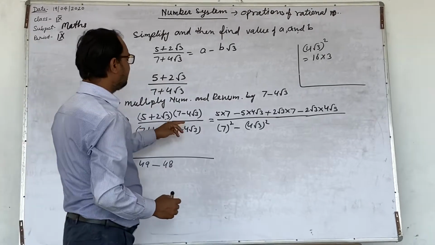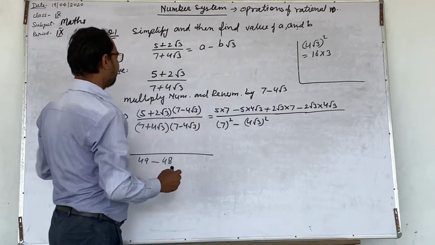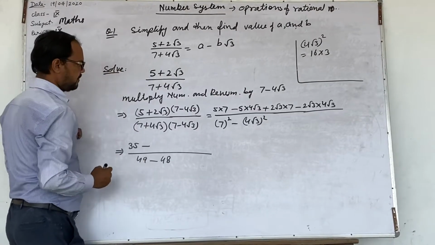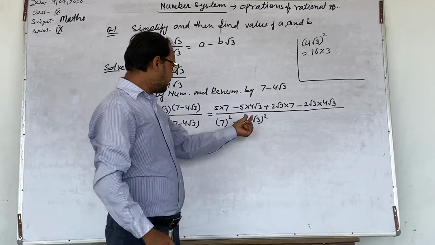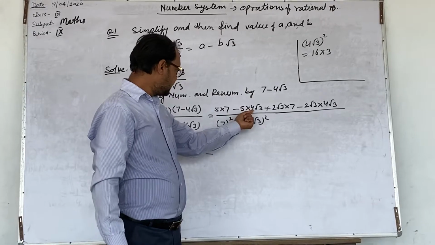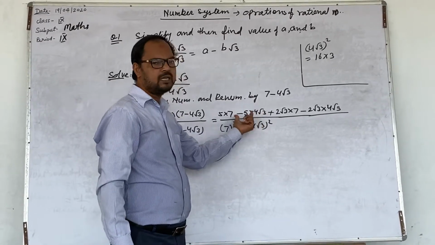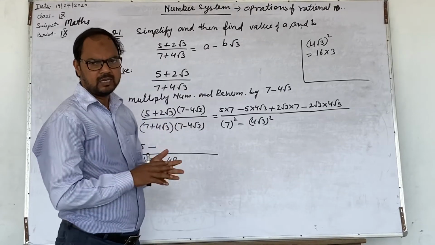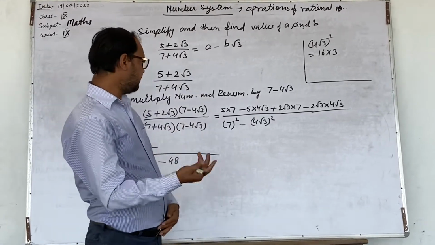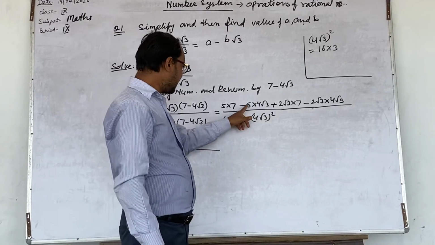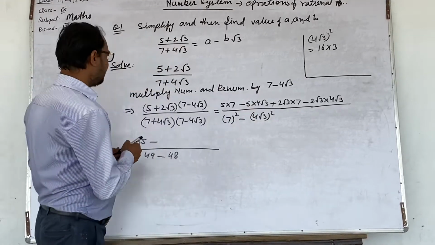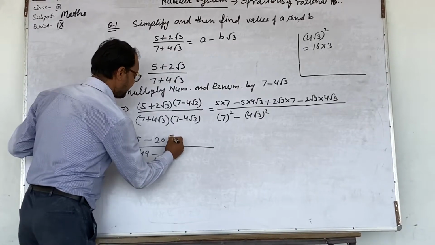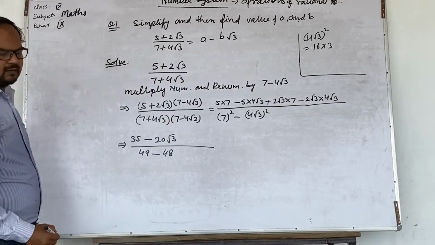Now combine the numerator. 5 sevens are 35, minus. In this case we have two types of number. This is rational and this is irrational, root and without root. So root is always multiplied by root, and without root is multiplied by without root. So 5 and 4 have no root, so 5 into 4 becomes 20 and root 3 is always written here.